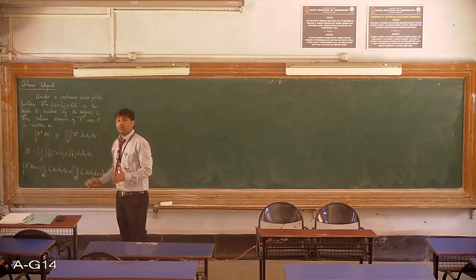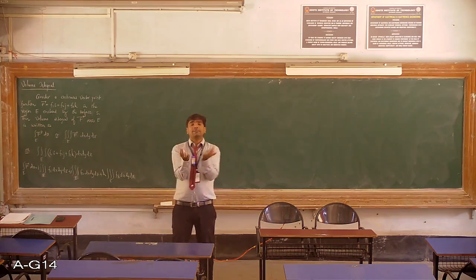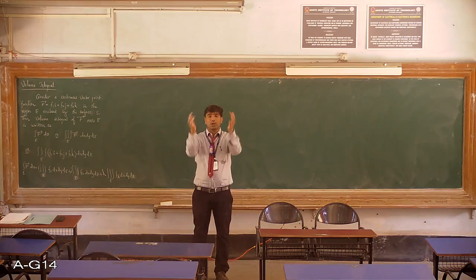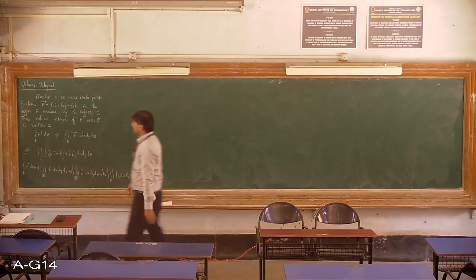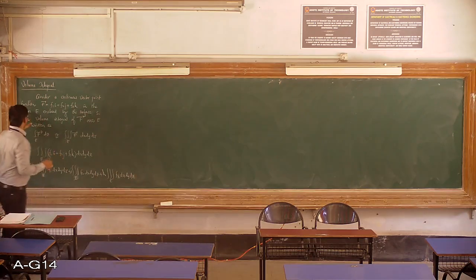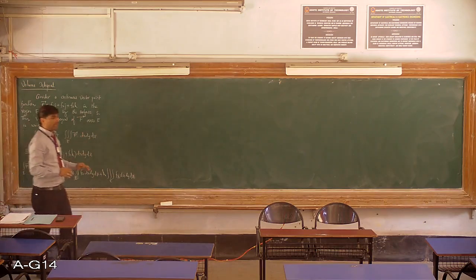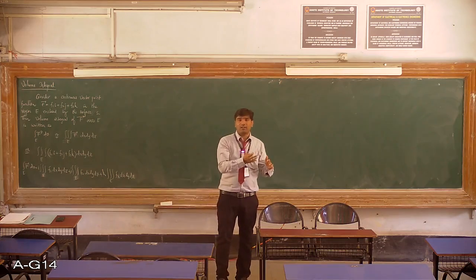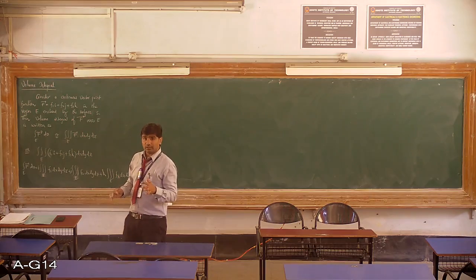So how will a volume be created? By a closed surface. For instance, consider a sphere. A sphere is a closed surface, and inside that closed surface there is a volume. Whatever region is inside will be called E. For example, if you take a hemisphere, that is not a closed surface, so there is no meaning in finding the volume in that.